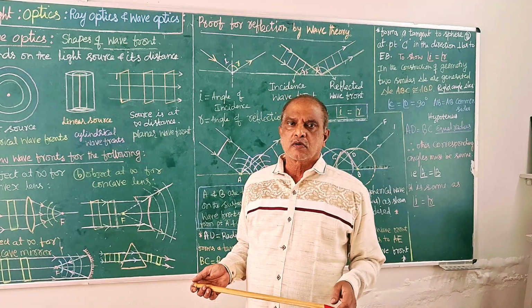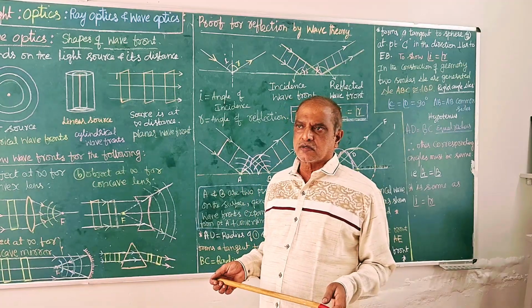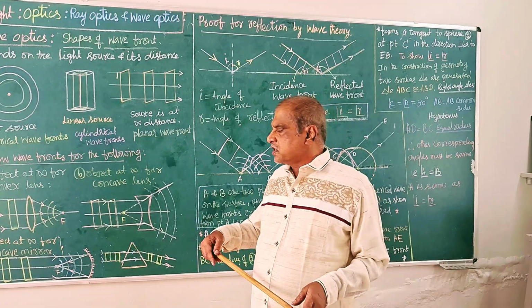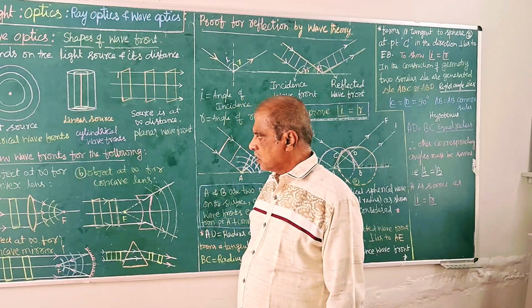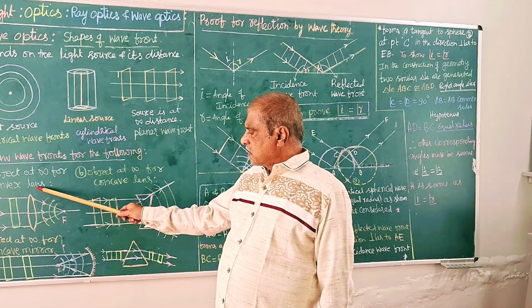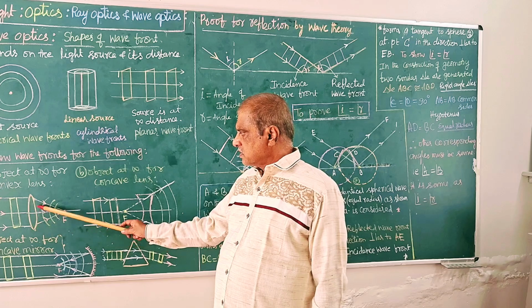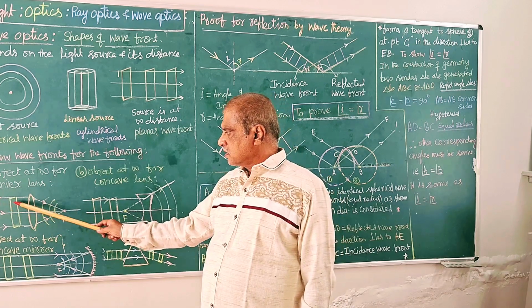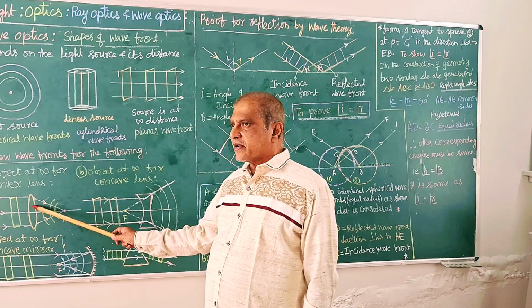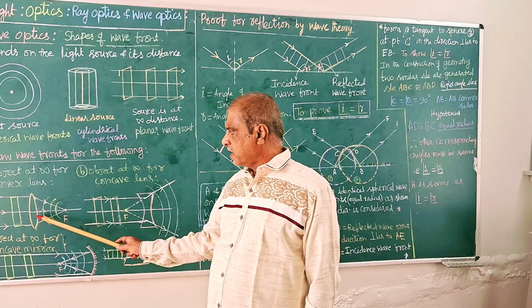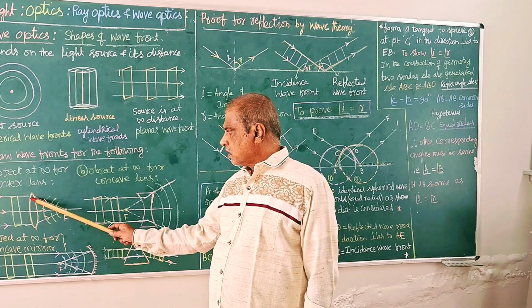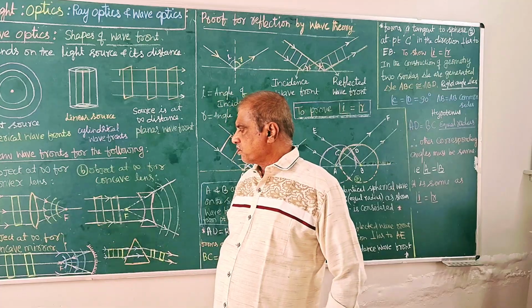If so, what is that change? There is a change, and let us see what kind of change takes place. Let us consider a convex lens. As you know, as the light passes through the convex lens, the rays converge to a point, the focal point of the convex lens. All rays converge to a point.